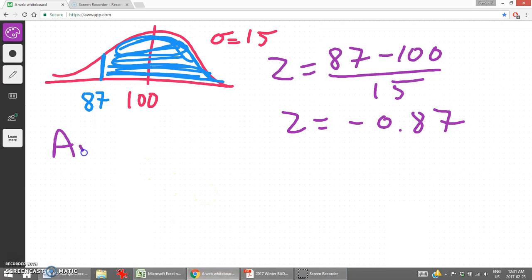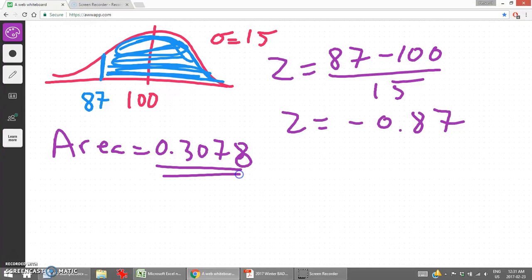So the corresponding area, 0.3078. Once again, this area here corresponds to this section. The area always corresponds to the area from the median to the x, or to the z value.